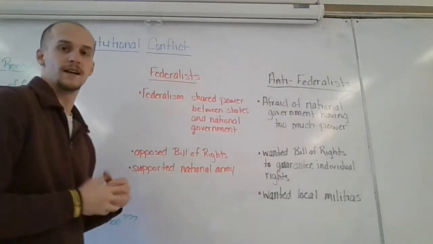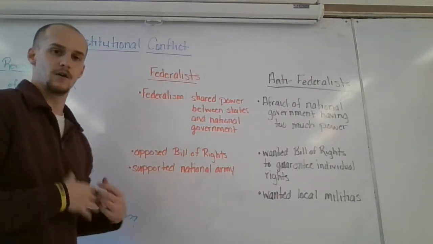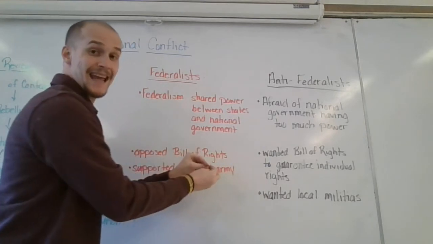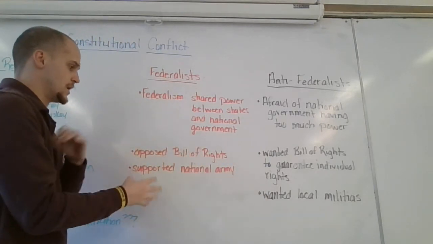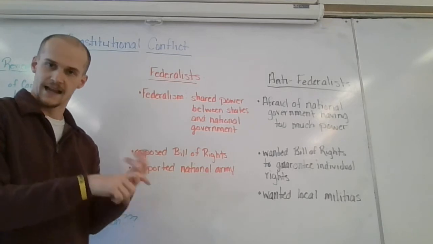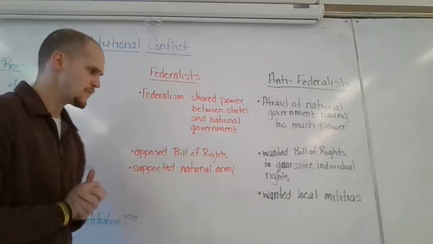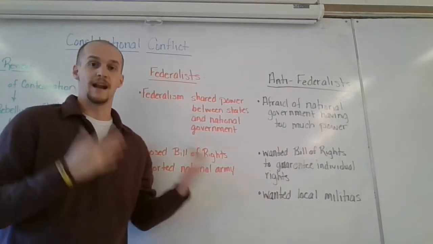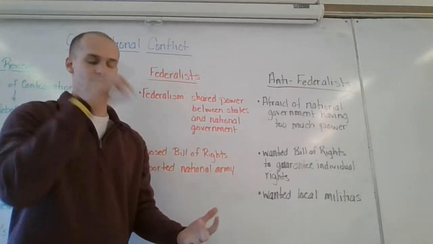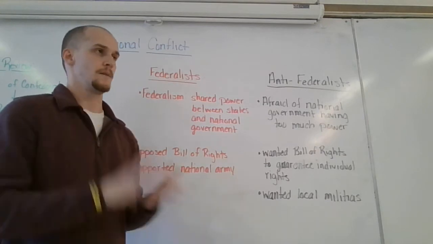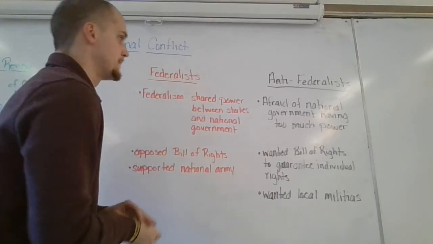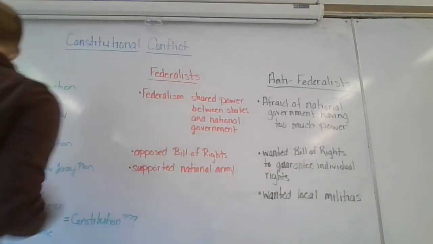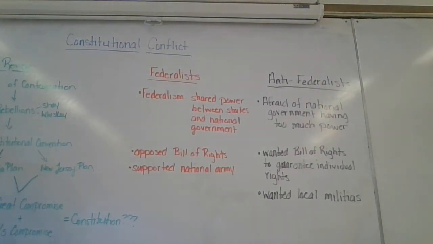The Anti-Federalists wanted the state to have the power to control their own militias. And we'll talk about it when we get there. You kind of today have a combination of the two. There is a national army, Navy, Air Force, Marines, but you also have local state armies, those being your National Guards. You have the Army National Guard and the Air Force National Guard, Coast Guard, etc. So there's kind of both today. But that was one of their disagreements as well.